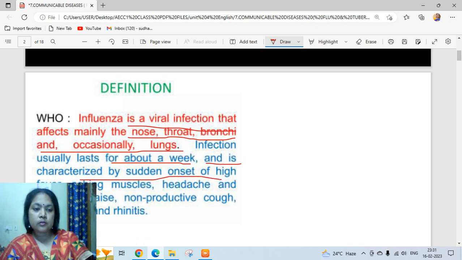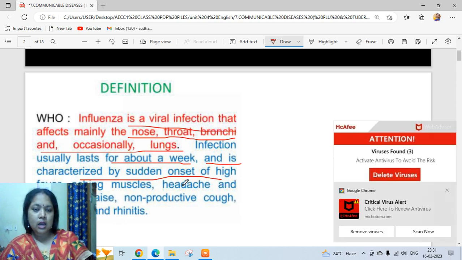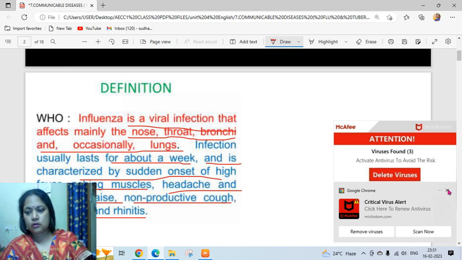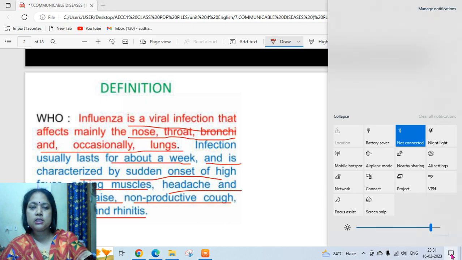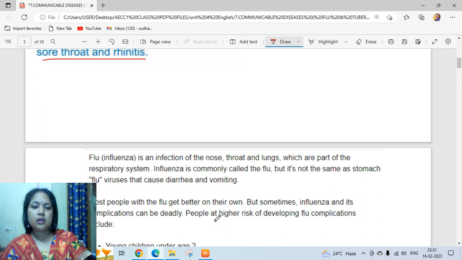sudden onset of high fever. Some symptoms will appear like high fever, then muscle ache, headache and severe malaise, then non-productive cough and sore throat. So these are the symptoms and definition of influenza or flu.